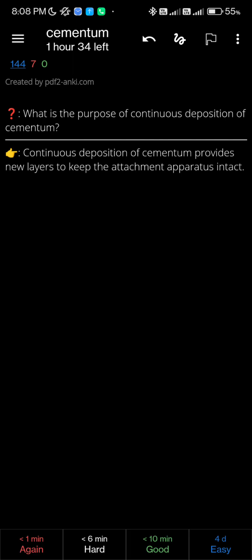What is the purpose of continuous deposition of cementum?